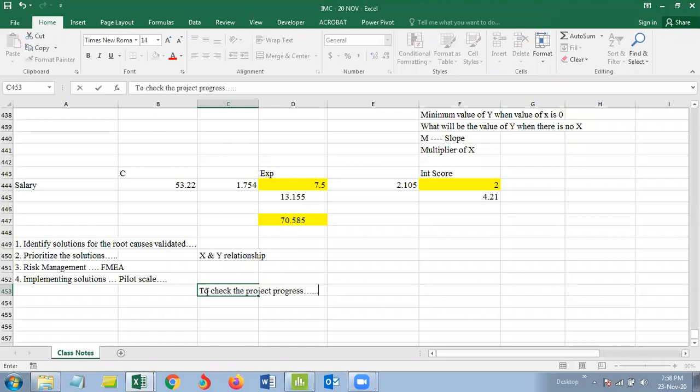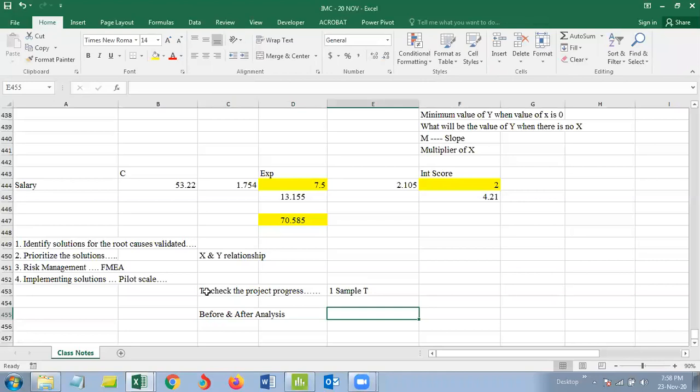whether it's improving, did you achieve the target or not? Because you started the project with a target, the manager must have given you a target. We use a one sample t-test for validating whether your project improved or not. Once you are able to validate with the one sample t-test that yes, you have improved and your process has improved, then you go for some before and after analysis.